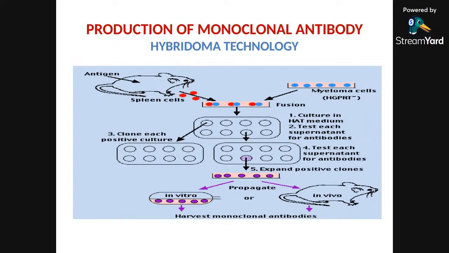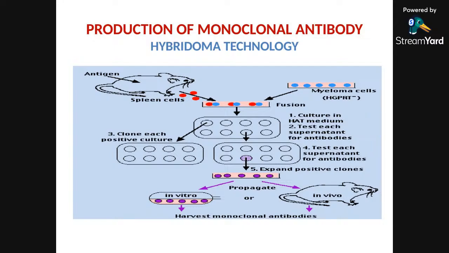Okay, now the production of monoclonal antibody by hybridoma technology. Hybridoma technology means a hybrid in which two variants are fused together, giving a new molecule or new variety of cells.